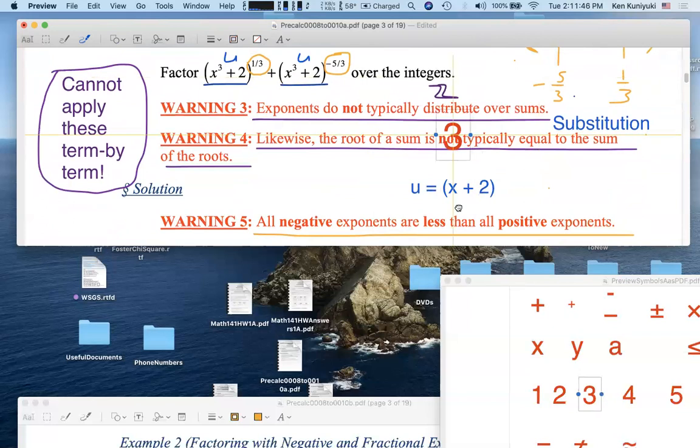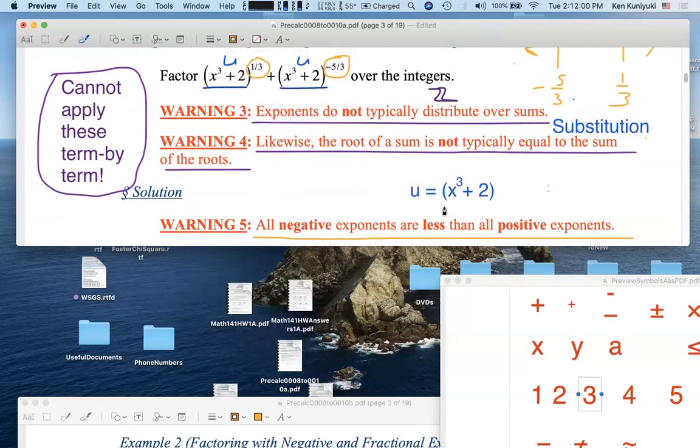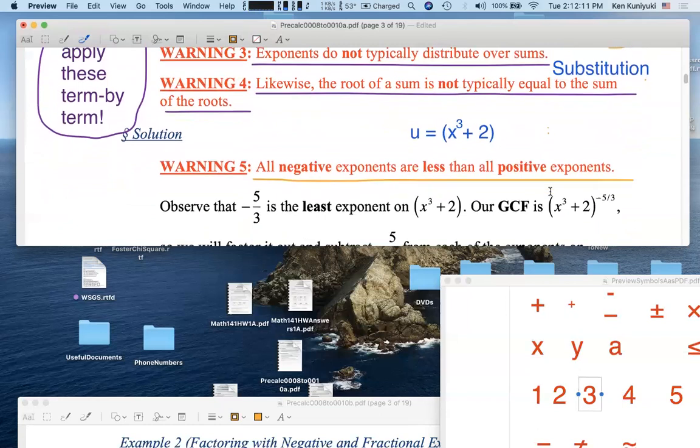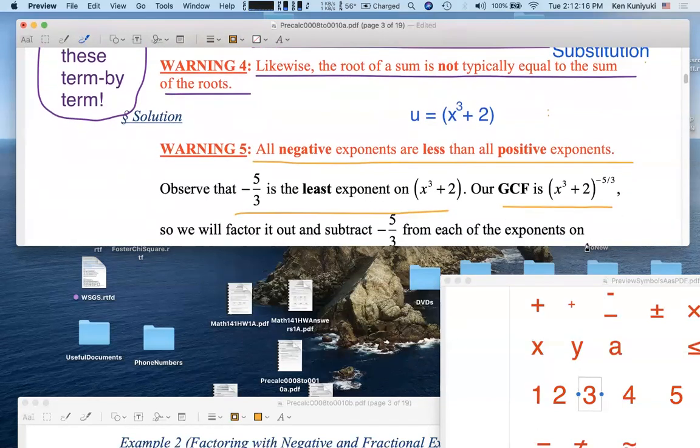U equals x cubed plus 2. In fact, I'll throw in the parentheses as well. I'm going to replace all of this with u. All right. So we're going to substitute, and we're going to factor out u to the negative 5/3, the least exponent. That's our GCF, basically u to the negative 5/3.